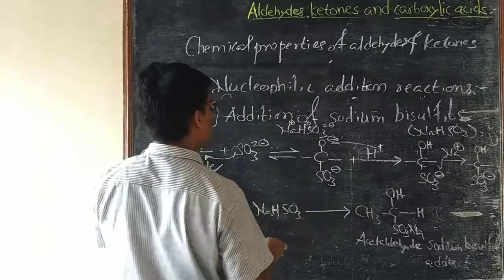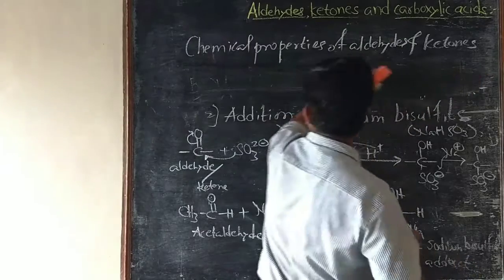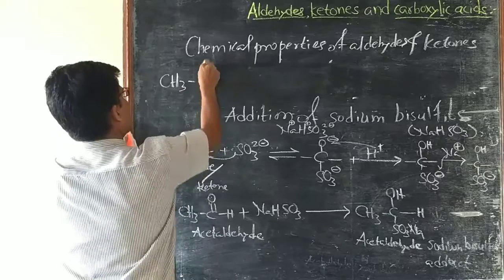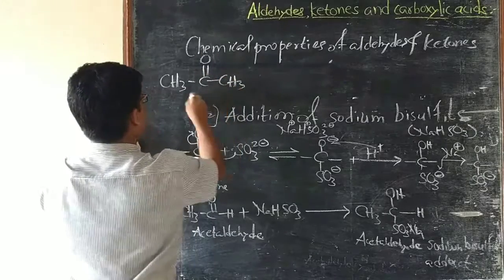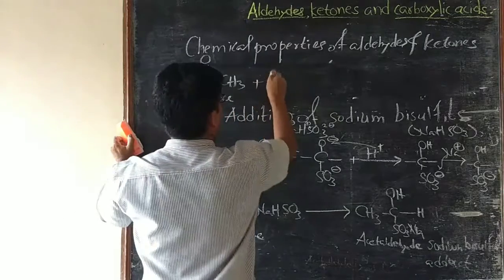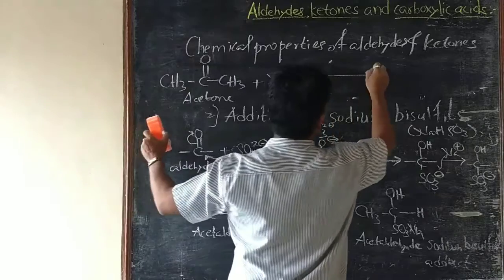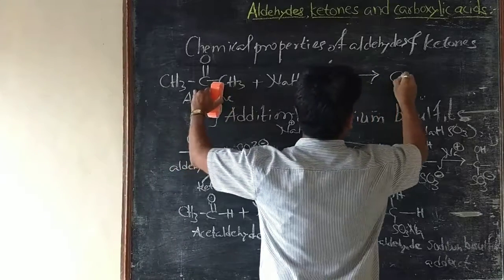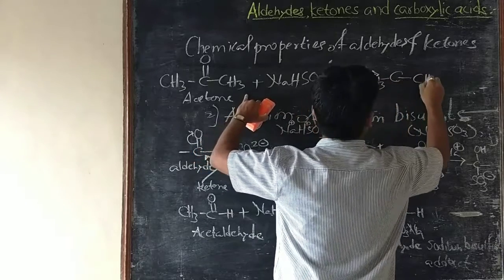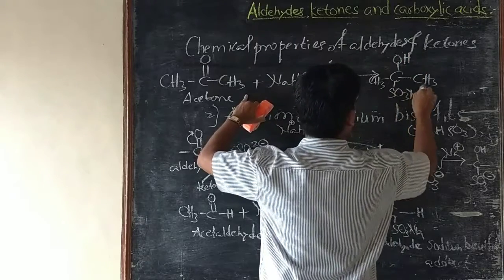Then the next one is an example of a ketone. We will take here CH3 C double bond O CH3, acetone. When it reacts with sodium bisulfite, it directly gives its adduct, that is CH3, OH, SO3Na.